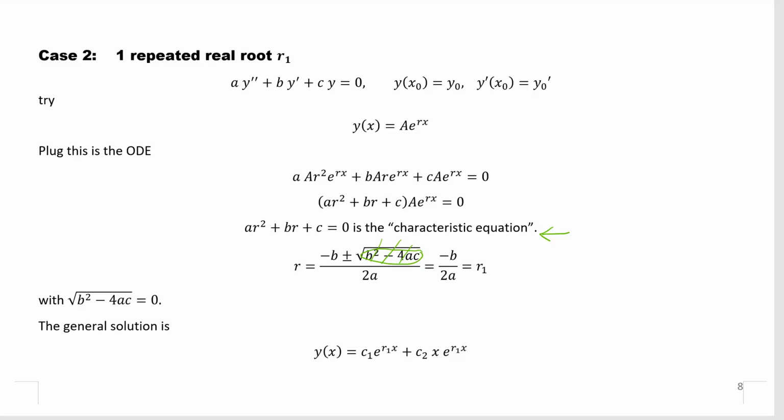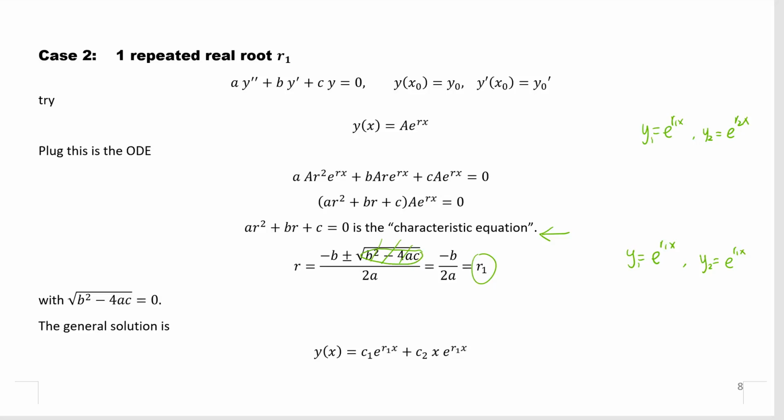Unlike the first case, when we have two distinct real roots, where the solution is y1 equals e to the r1x and y2 equals e to the r2x, here we only have one root. So we must have e to the r1x, but we also need another one. How do we construct the other one? We cannot use the same thing.